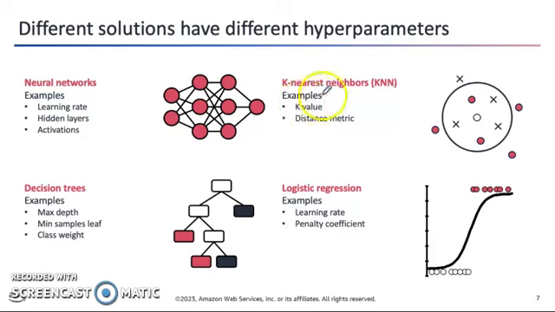For k-nearest neighbors, there is the value of k and the distance metric. For neural networks, you can specify the learning rate, hidden layers, activations. For decision trees, there is the depth, the minimum samples per leaf, class weight. For logistic regression, there is the learning rate and then the penalty coefficient.